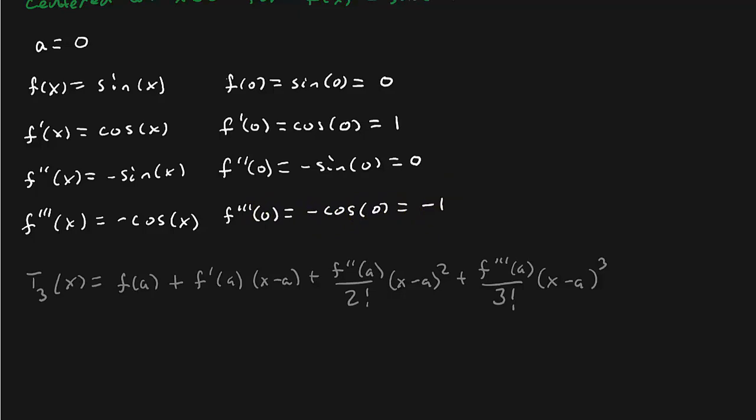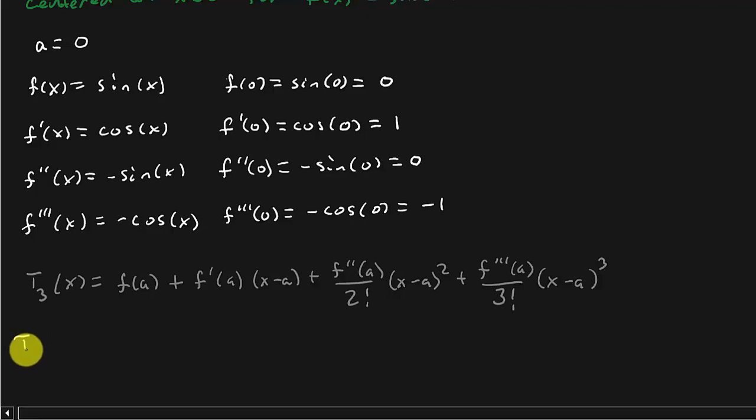All right, so now just plug everything in. So we get T3 of x is equal to f of a, which is 0. We evaluated it right here, plus f prime of a. Well, f prime of 0 is 1 times x minus 0.